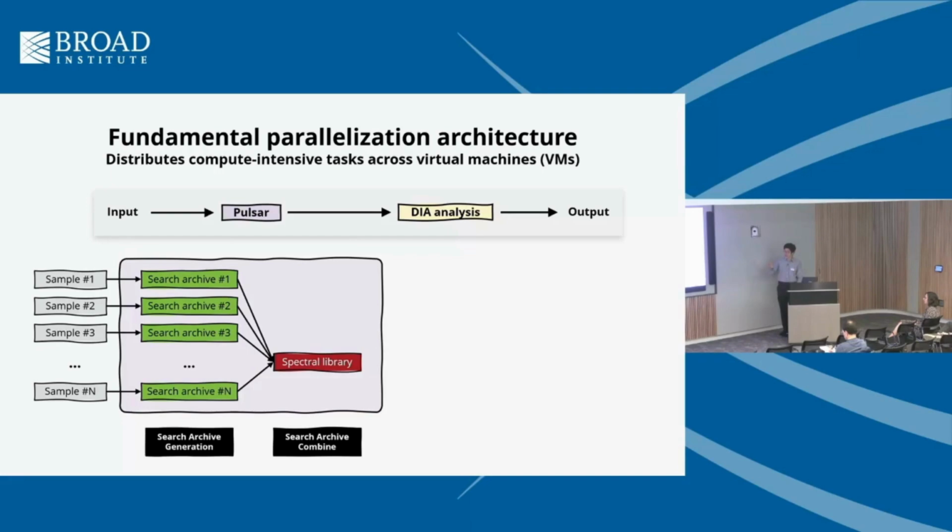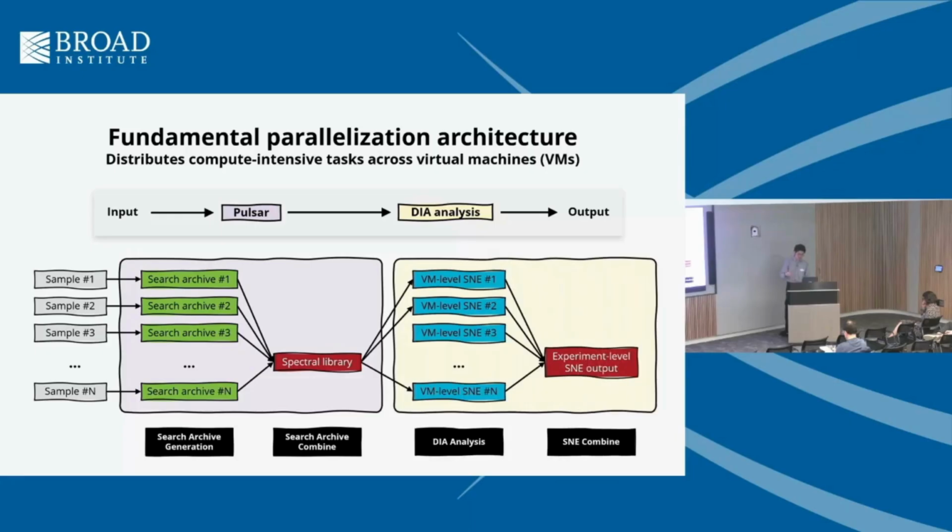And then these search archives will be pulled together into one VM to generate an experiment-level spectral library. Then the spectral library will be used to generate the sample-level SNEs for the DIA analysis, and these SNEs will be combined into the experiment-level SNE output.